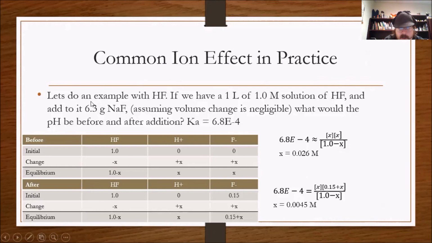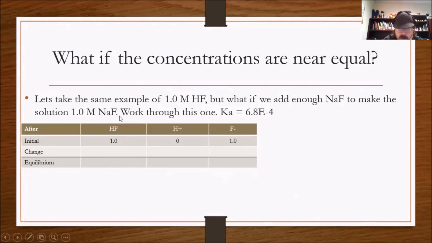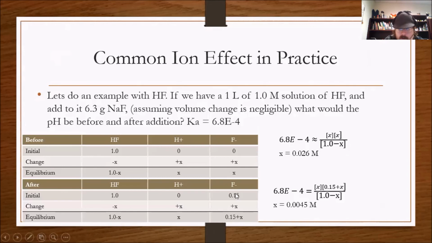Now, what happens if we add 6.3 grams of sodium fluoride? If we turn that grams to moles, then in liters, moles divided by 1 liter, that's 0.15 molar. So we've added this into this term. So what's happened?